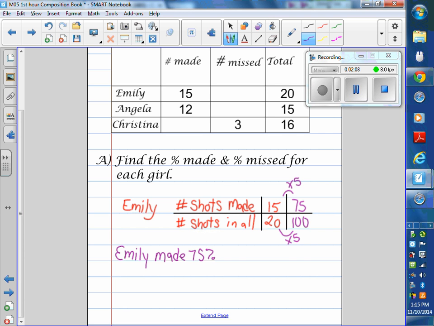Yeah, 5. Now I need to do a brand new ratio table, or do I have enough information just to tell how many she missed? I mean, what percent she missed? Sure? Tell me what you're thinking. She made 75%. What do you think, Alex?